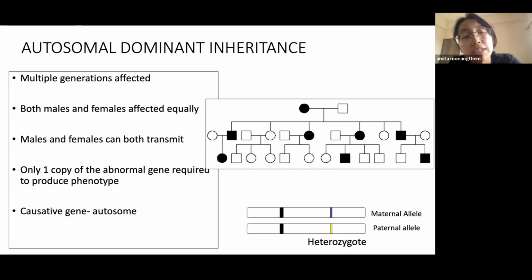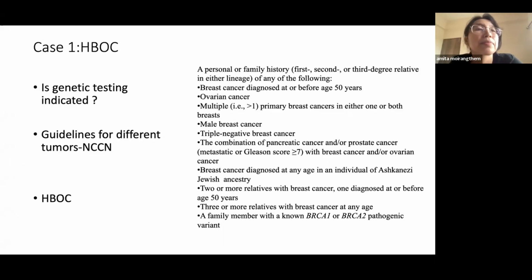When the gene is in the autosome and it follows a dominant inheritance pattern, such disorders are known as autosomal dominant disorders. Most of the hereditary cancer syndromes follow this particular pattern of inheritance.